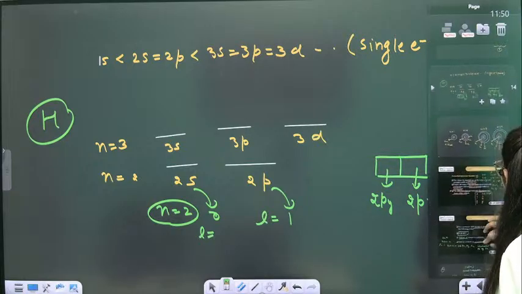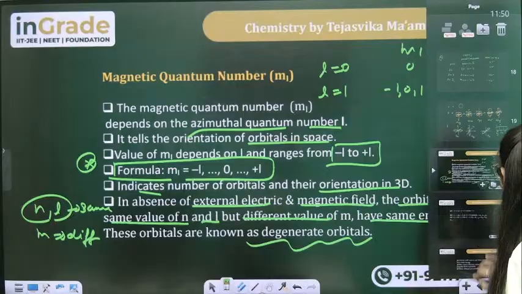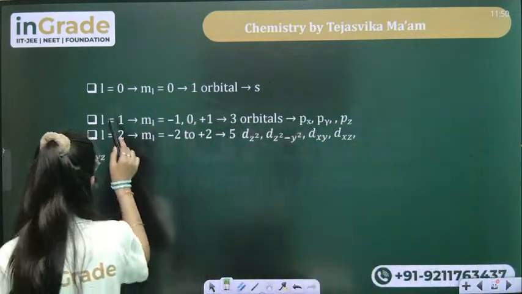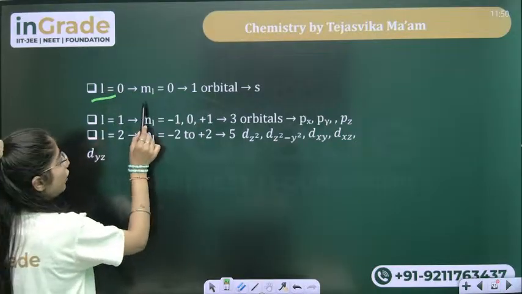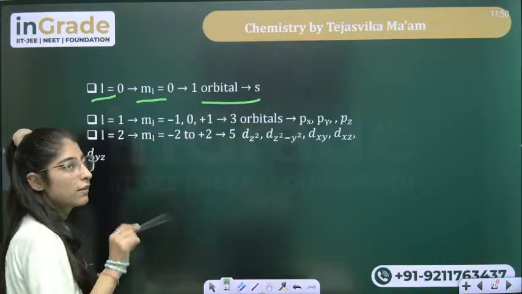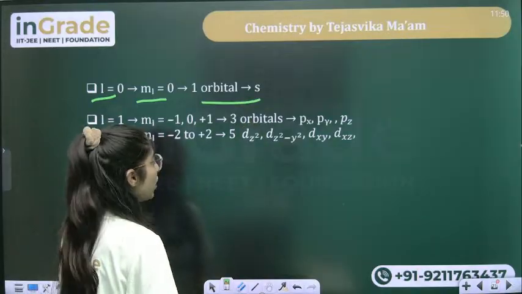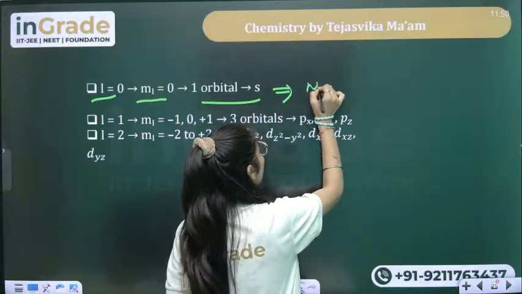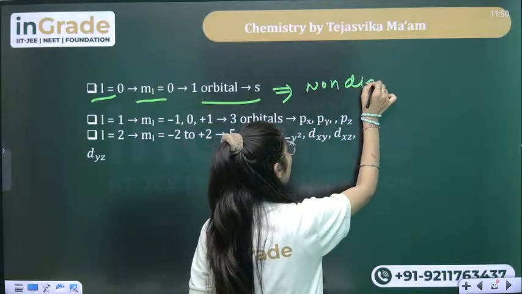Now let's move further and see the next point. As you all know, if the value of l is 0, then the value of ml will be 0 and your orbital will be s, and your s orbital is spherical in shape. You can say that it is non-directional.